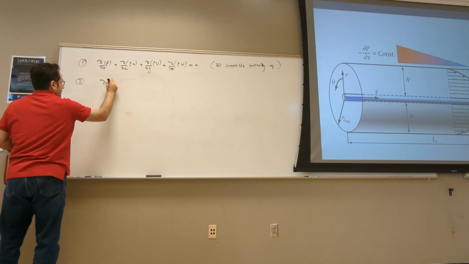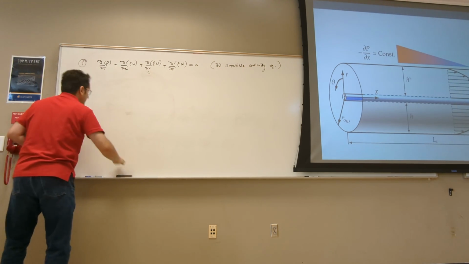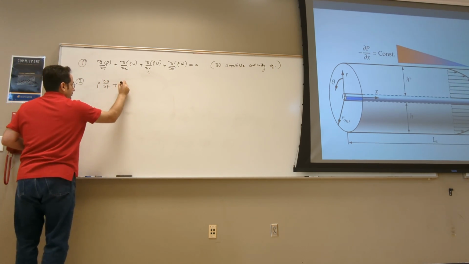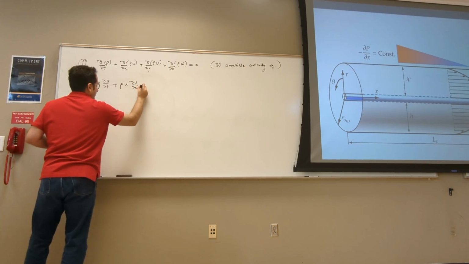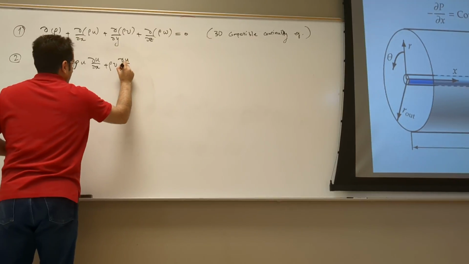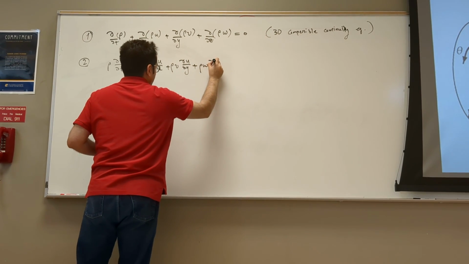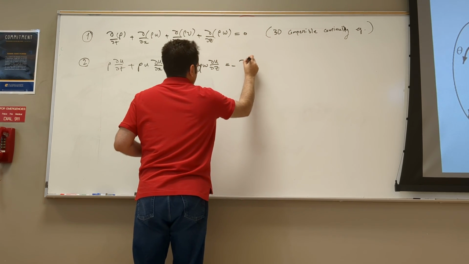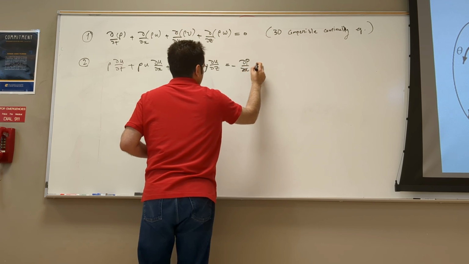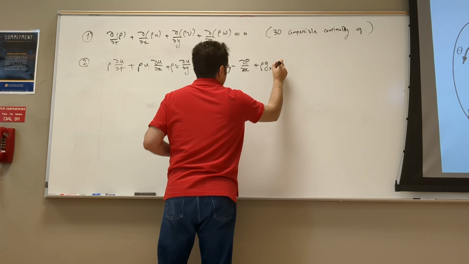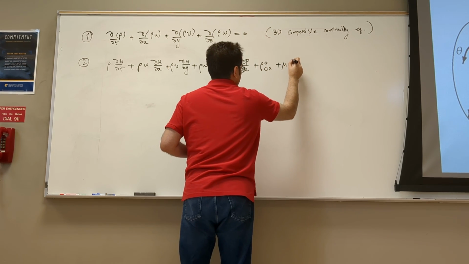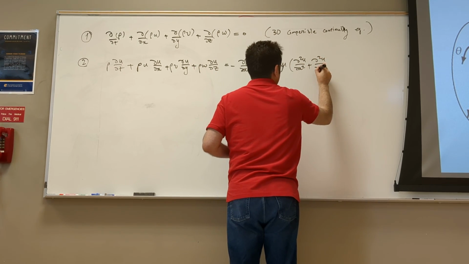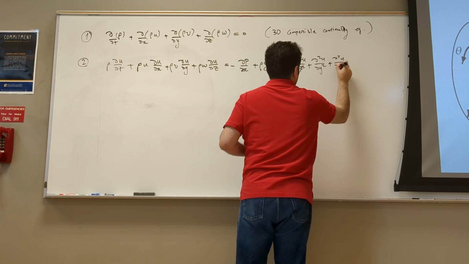Let's write it with the rho separated: rho partial u partial t, plus rho u partial u partial x, plus rho v partial u partial y, plus rho w partial u partial z, is equal to negative pressure gradient in x, plus rho g in x, if you have any, plus mu times the second derivative of u in x, in y, and in z.